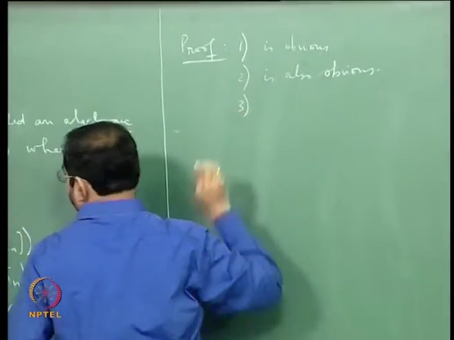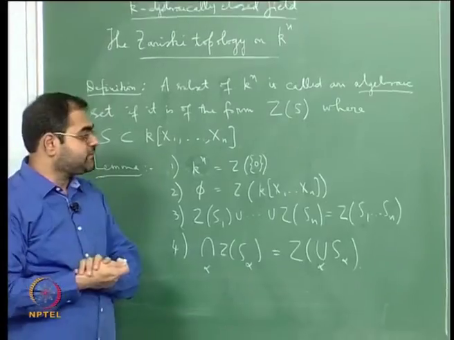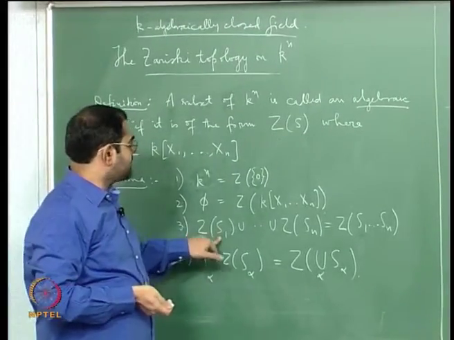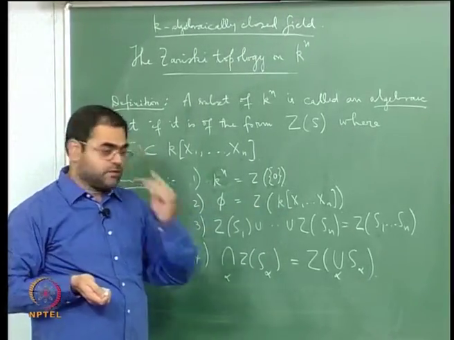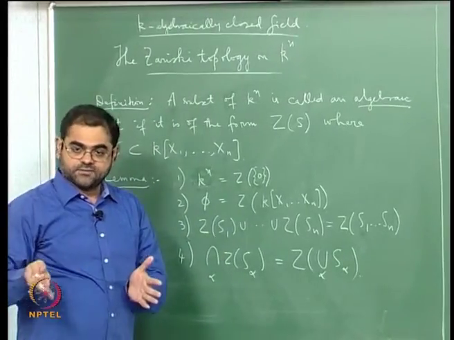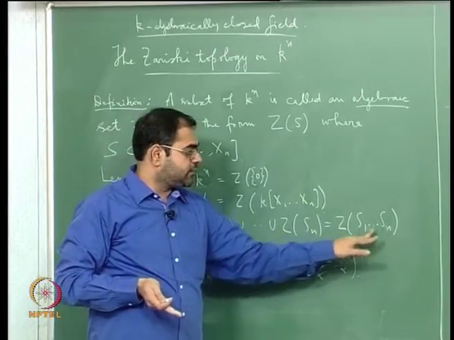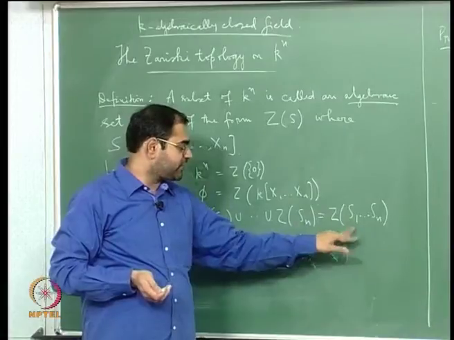As for the third one, I should explain what this S1 through Sn means. Mind you, all these Si's are subsets of the polynomial ring, and in the polynomial ring you have a multiplication. So S1 through Sn actually means products: you take products consisting of n factors where the ith factor comes from Si.